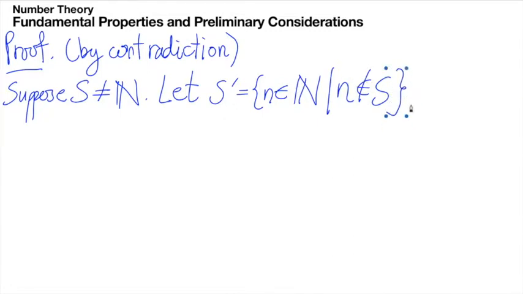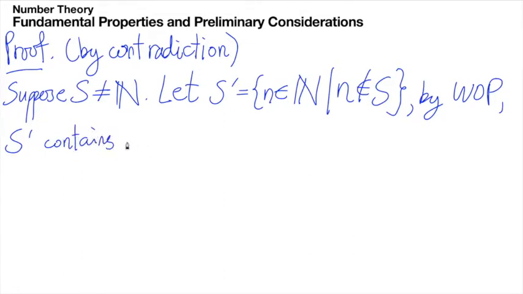So by the well ordering principle, we'll use the WOP, S prime contains a least element. Let's call it L prime, because we have the set S prime, to make it uniform.